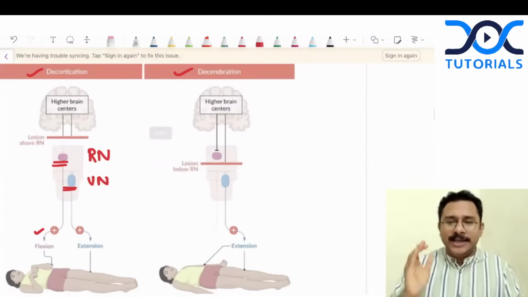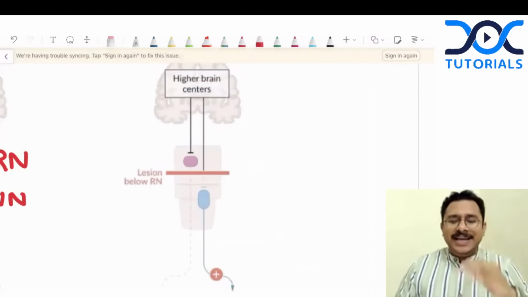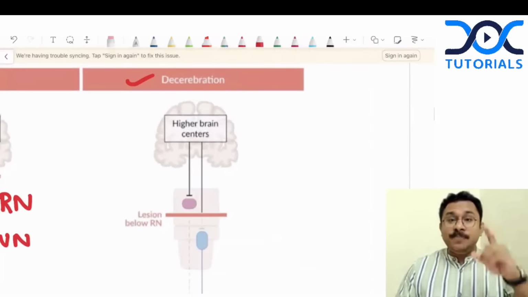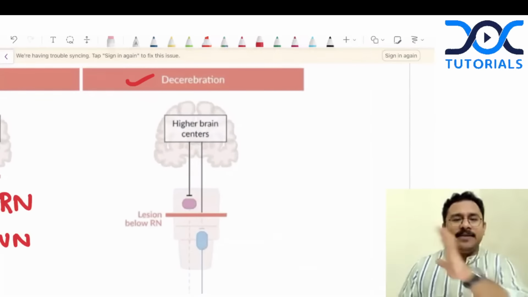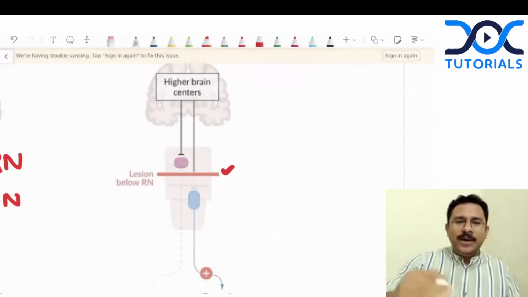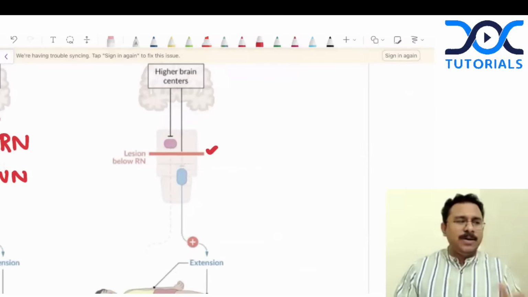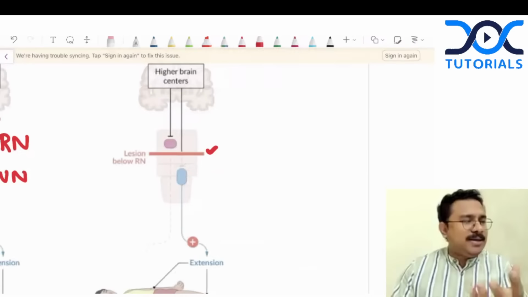Now, coming to decerebration. For life, remember, the lesion in decerebrate rigidity is between the red nucleus and vestibular nucleus. So you have got a lesion between the red nucleus and vestibular nucleus. Okay, right. When there is a lesion between red nucleus and vestibular nucleus, which tract is damaged?